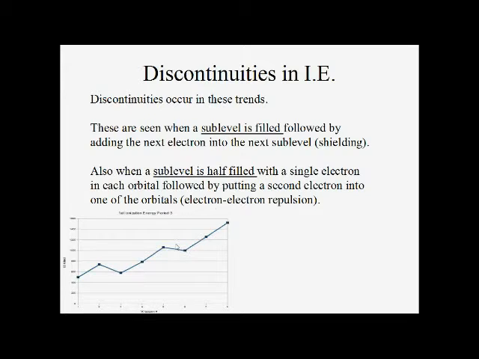So we have a little dip after we complete a sublevel and put the first electron into the new sublevel. We also have a little dip after we half fill a sublevel and put the first paired electron into that sublevel.